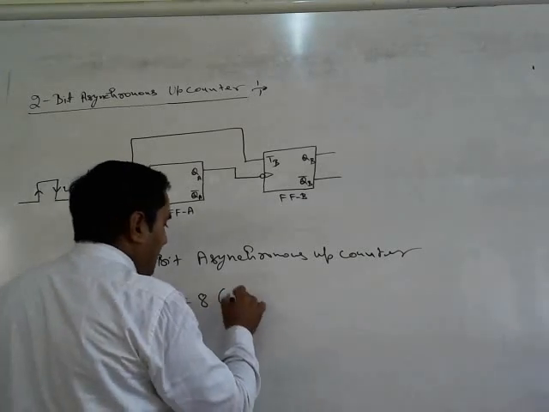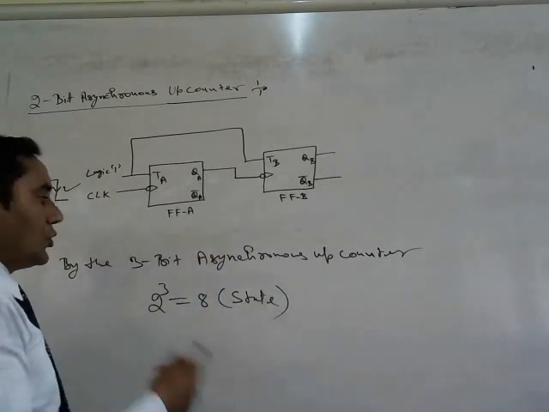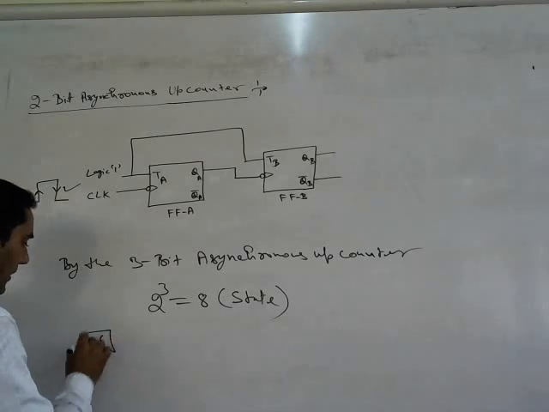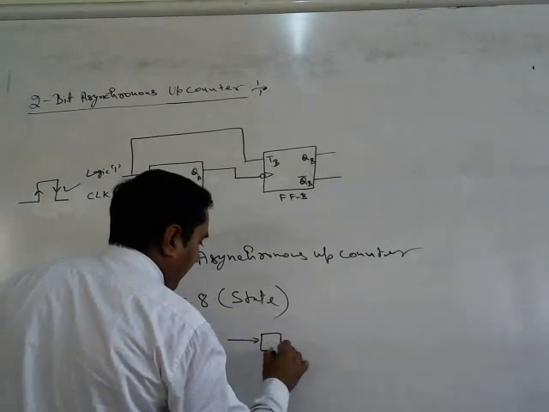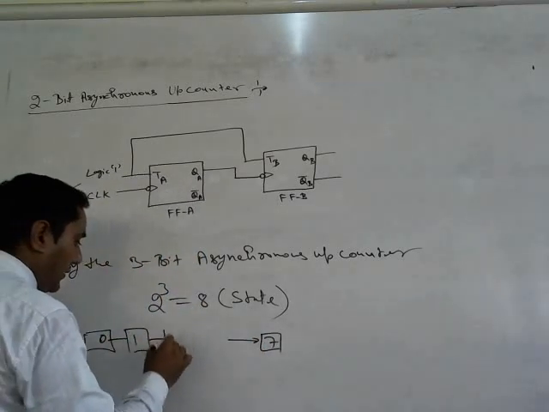Means 2 raised to power 3 equals 8. Total states will be 8, that is 0 to 7. Initial state will be 0 and last state will be 7.